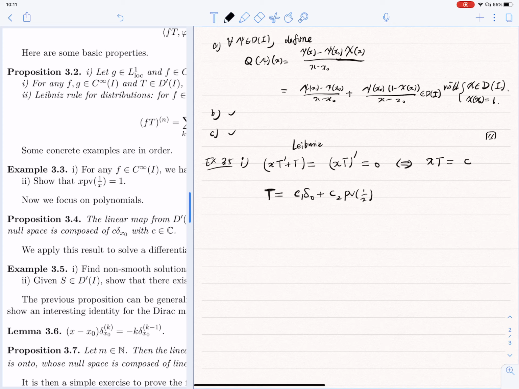And it is harmless to add some Dirac masses because multiplied by x, a Dirac mass takes value 0. So eventually the non-smooth solutions of this equation are given by the linear combination of Dirac mass and principal values.